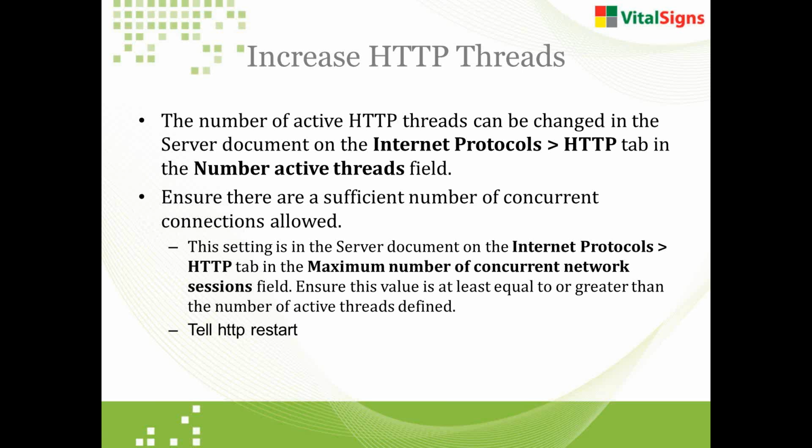And then after you've done that, you just need to tell HTTP restart, and on startup it reads those values and it allocates the threads. So that's how you detect and resolve that particular problem.